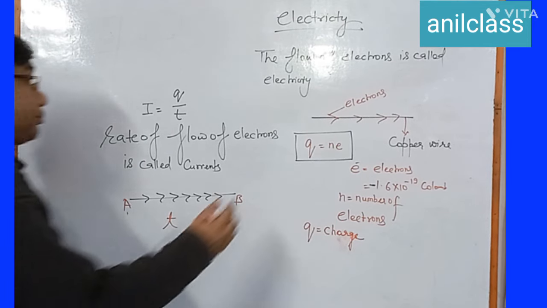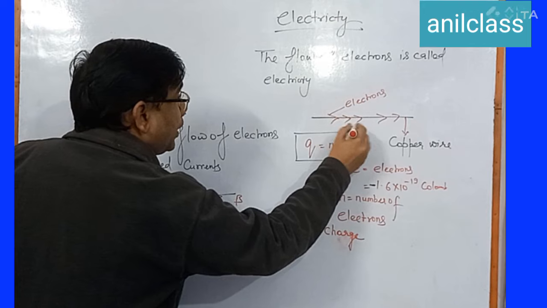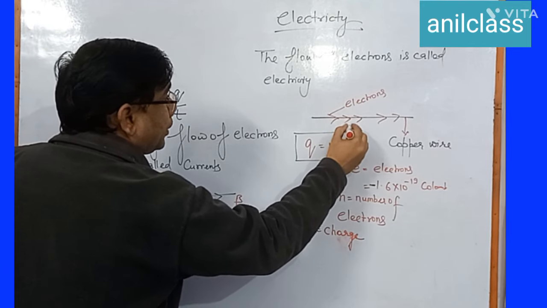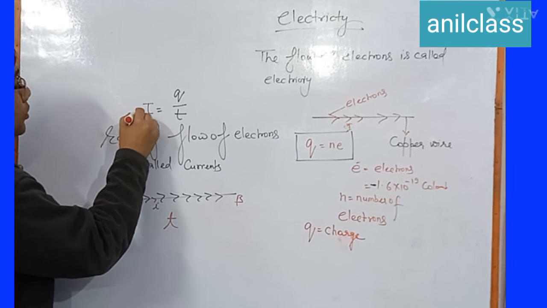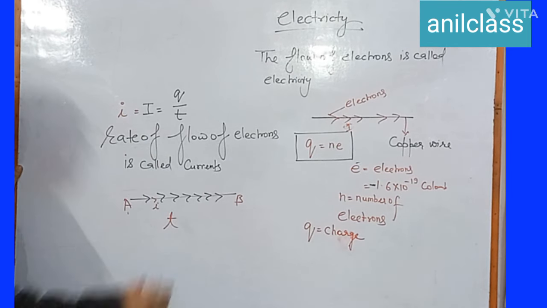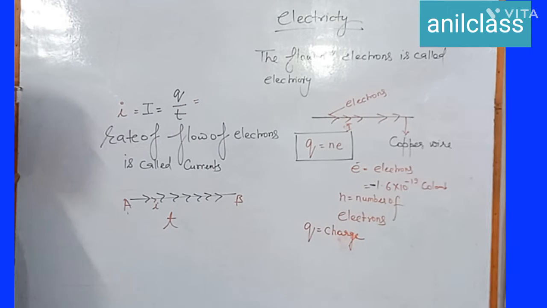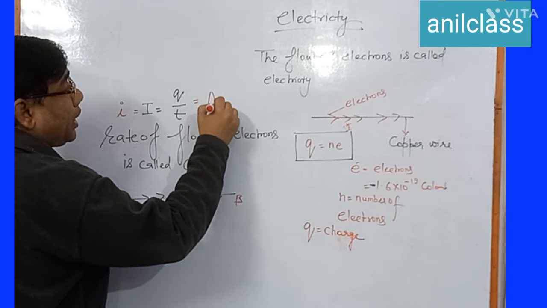I stands for current. The SI unit of this is ampere.